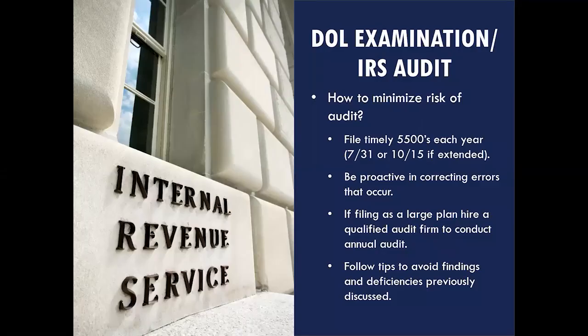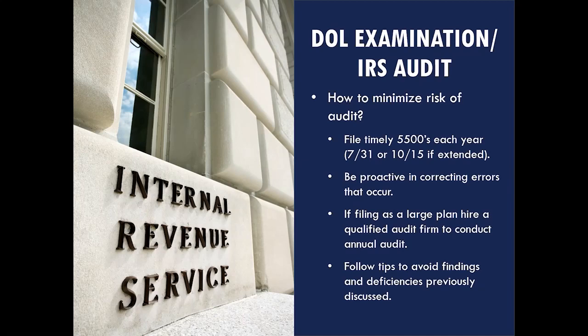Circling back to DOL and IRS, in conclusion, much of what we talked through today are common errors that we see through our experience with financial statement audits of employee benefit plans. You might find yourself in a DOL or IRS exam.